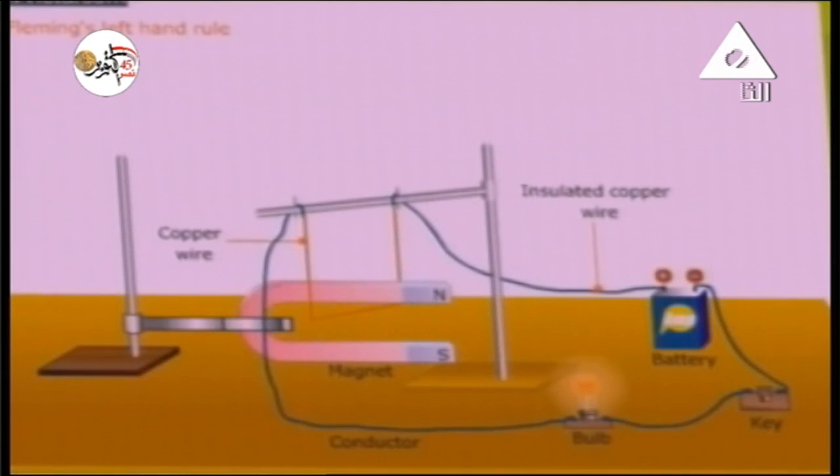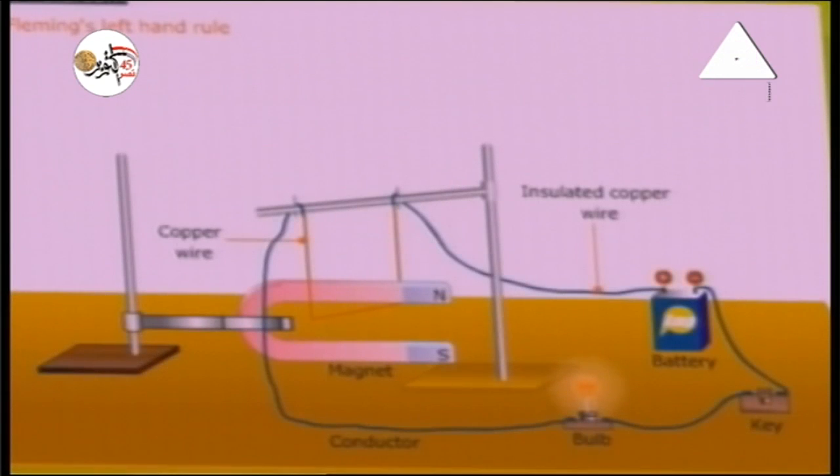As a matter of fact, when a current is passed through a wire and the wire is placed perpendicular to a magnetic field, the wire moves because the wire will be acted upon by a force. A force will act on the wire.